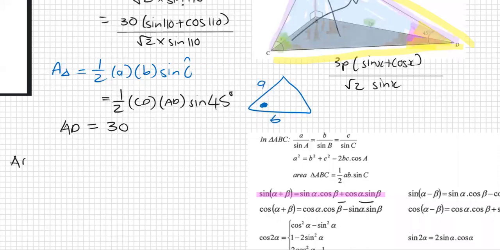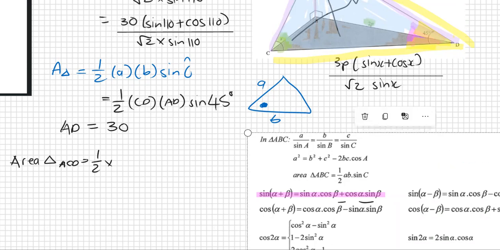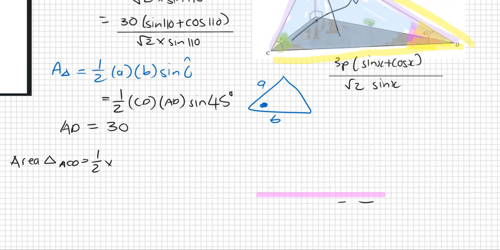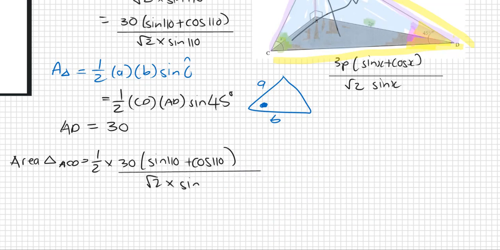So the area of triangle ACD is going to be equal to a half times CD, which is 30 sine 110 plus cos 110 all over square root 2 times sine 110.